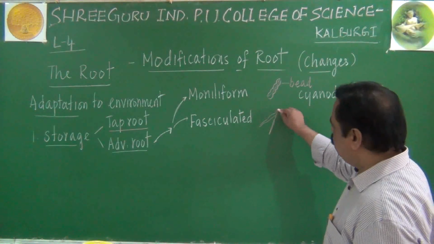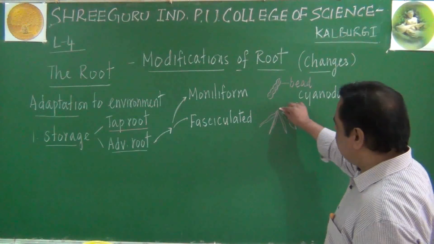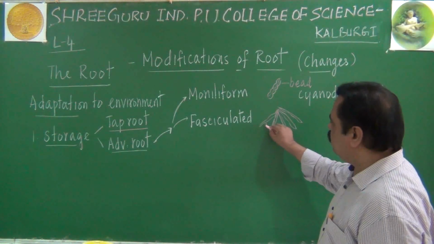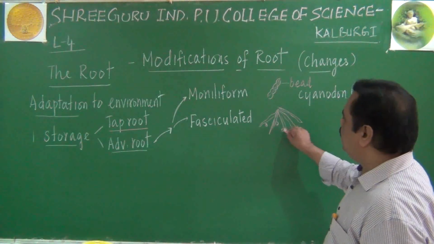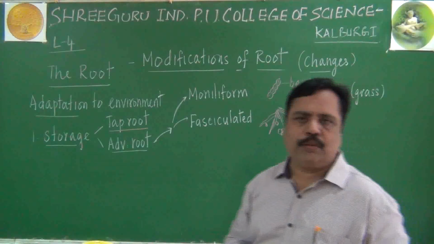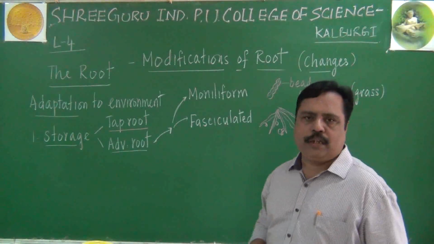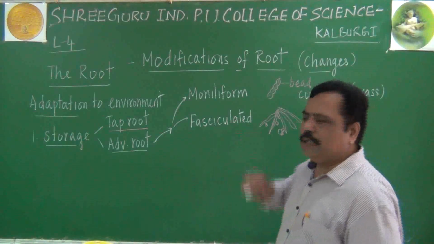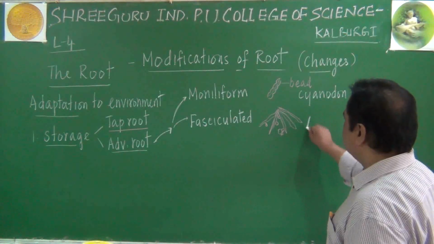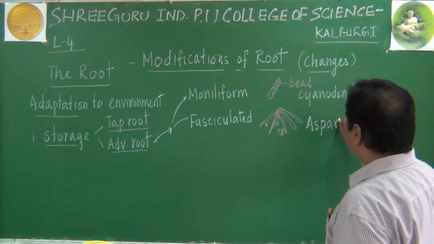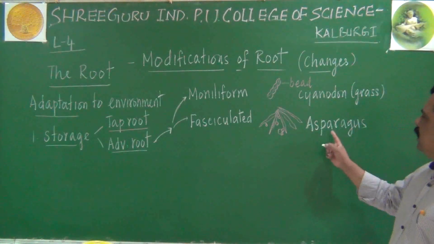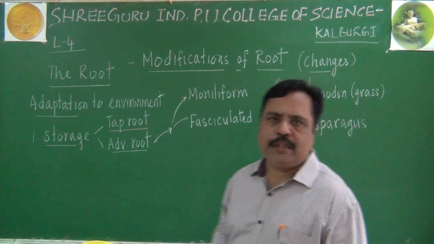There will be bunches of roots arising like this, and they will show food storage in the form of bag-like structures, also occurring in bunches. This is called fasciculated root. An example is given in your textbook also: Asparagus. Remember, it is a medicinal plant and also a vegetable.